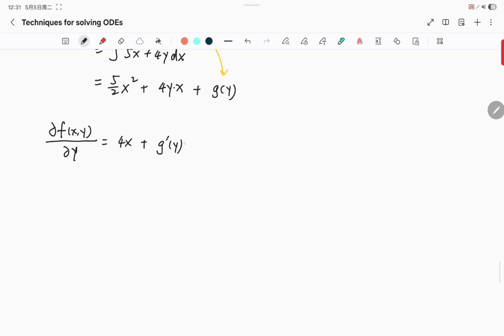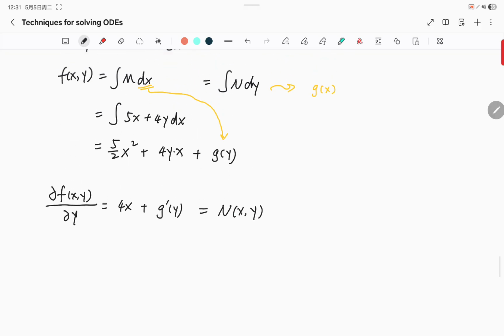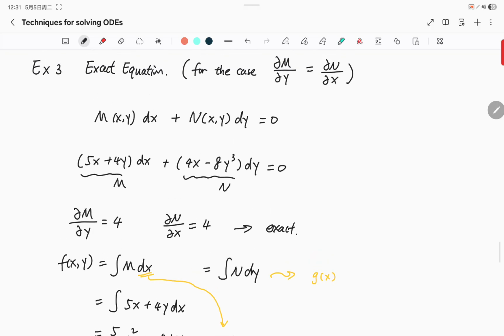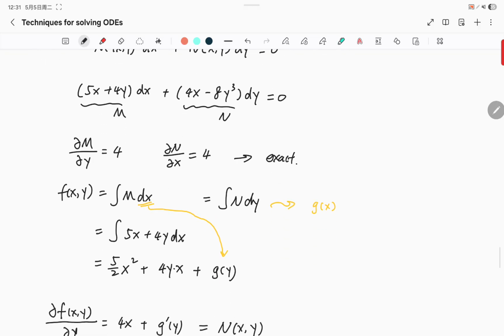And then we're going to say this must be equal to my N of x, y. What is my N? It was 4x. Well, voila, we have 4x.